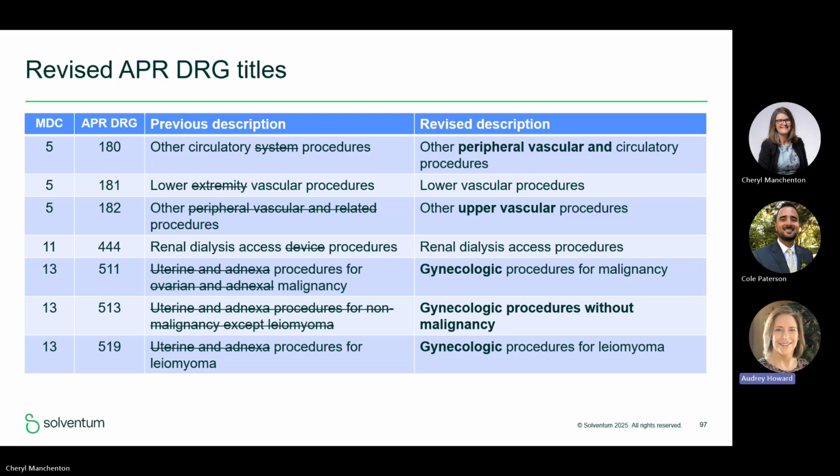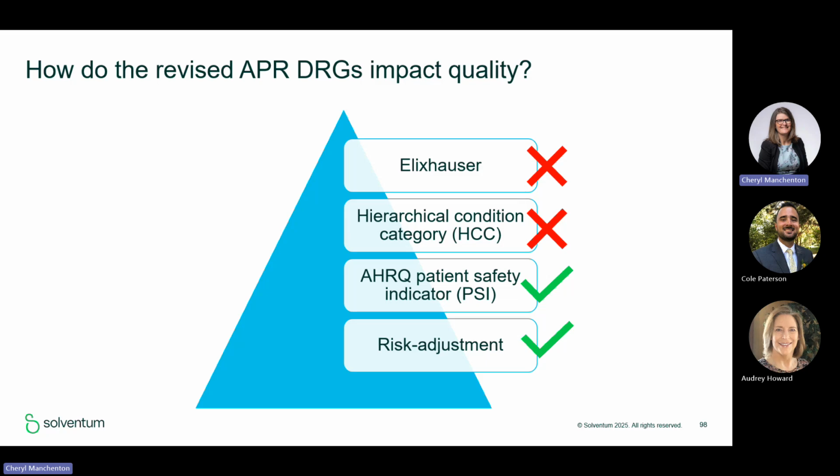So Cheryl, talk with us about this one. Again, probably not a big impact, like I said, except for the fact that where they'd made some revisions, it's also because they were including procedures from deleted APR DRGs into these. So in those instances where they did move patients into those DRGs, that will impact risk adjustment and expected risk impact, because you're now lumping in, and I'm not saying it's wrong, but you're putting similar patients in who may or may not have the exact same risk of mortality.